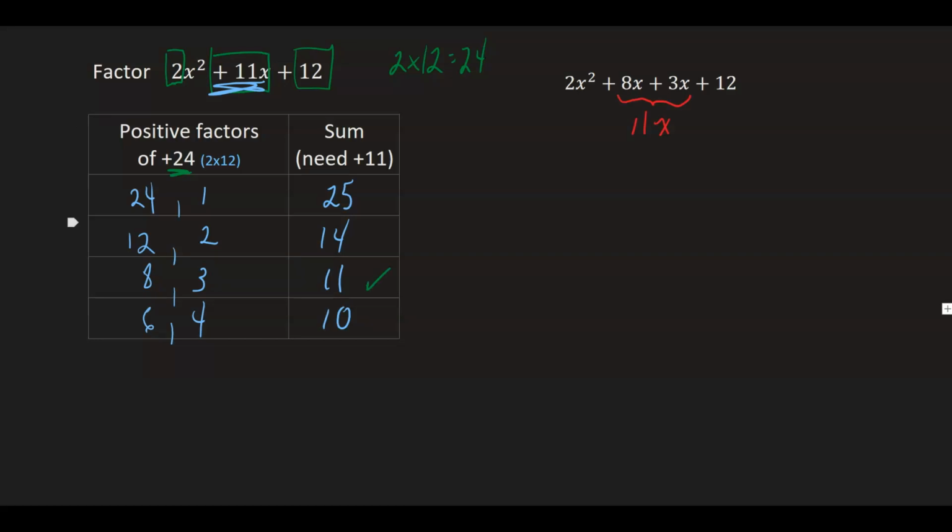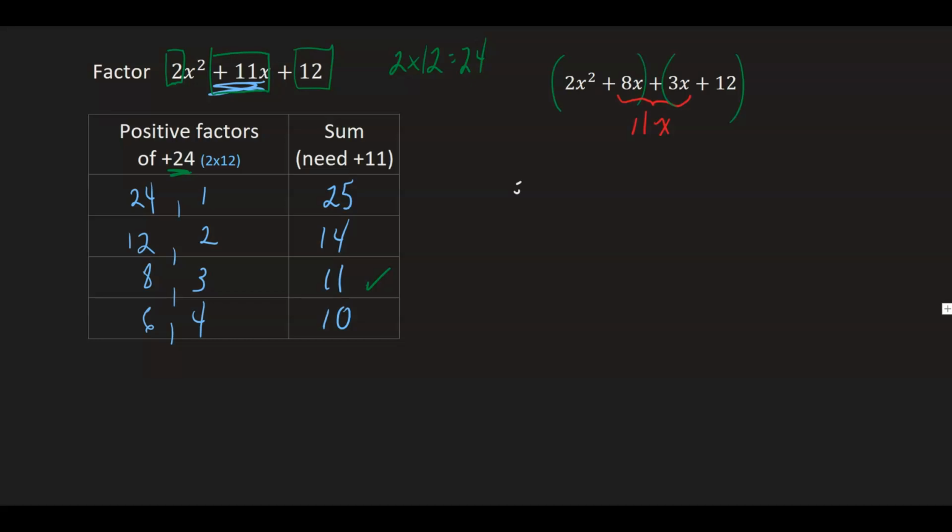And so in order to split this, 2x squared plus 8x plus 3x plus 12, we need to split the 11x into two separate terms of x, whose sum is 11 and whose coefficients have the product of 24. We'll go from there, and remember what we do, we factor the first two and then the second two.